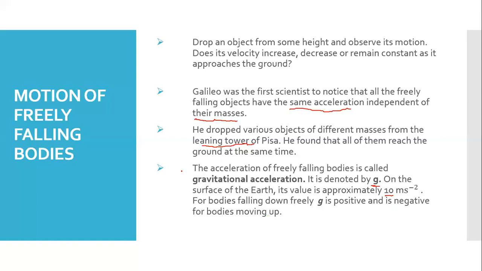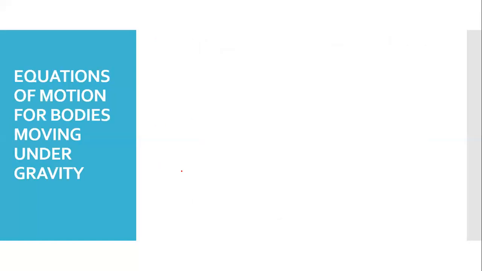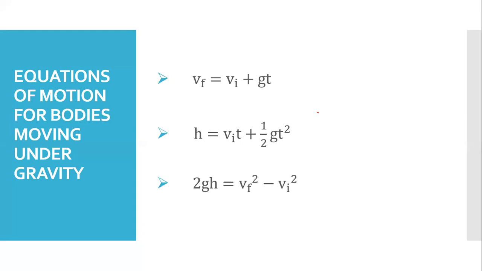Now, equations of motion for bodies moving under gravity. For freely falling bodies, we use the equations of motion, but a small change is made. The equations become Vf = Vi + gt, h = Vi t + 1/2 g t², and 2gh = Vf² - Vi².